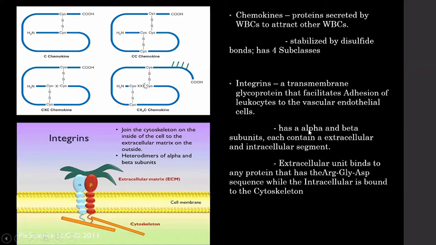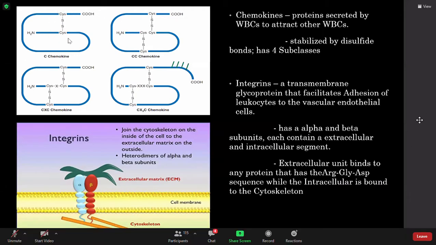The branch amino acid, the in-between amino acids, that X. Yan lang yung nagkakaroon ng difference yung chemokines mo. Pero the most important here is it is stabilized by a disulfide bond between 2 cysteines. This is your disulfide bond on 2 cysteines. This one stabilizes your chemokine. Kasi pag wala to sila, mag-unfold yung chemokine mo, hindi na siya magiging effective. Okay?